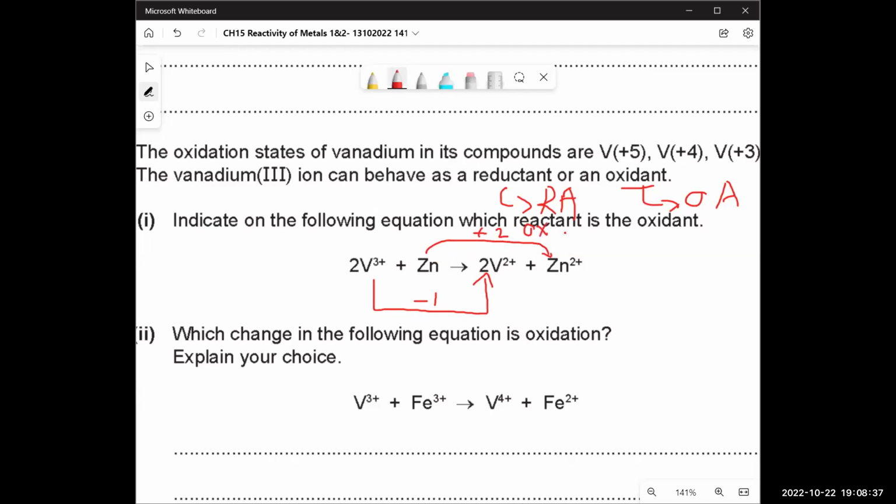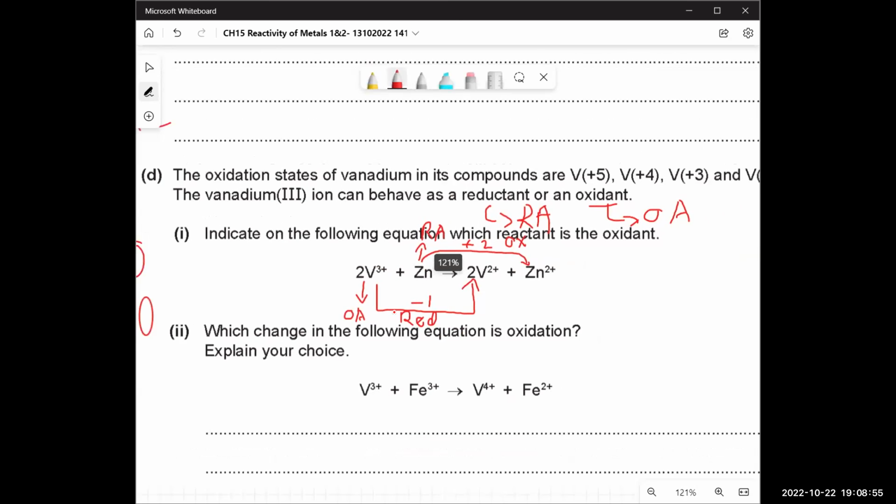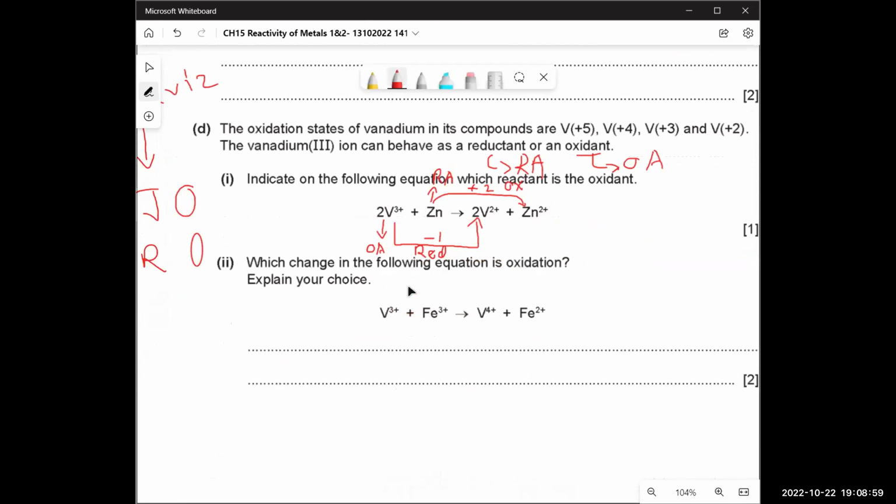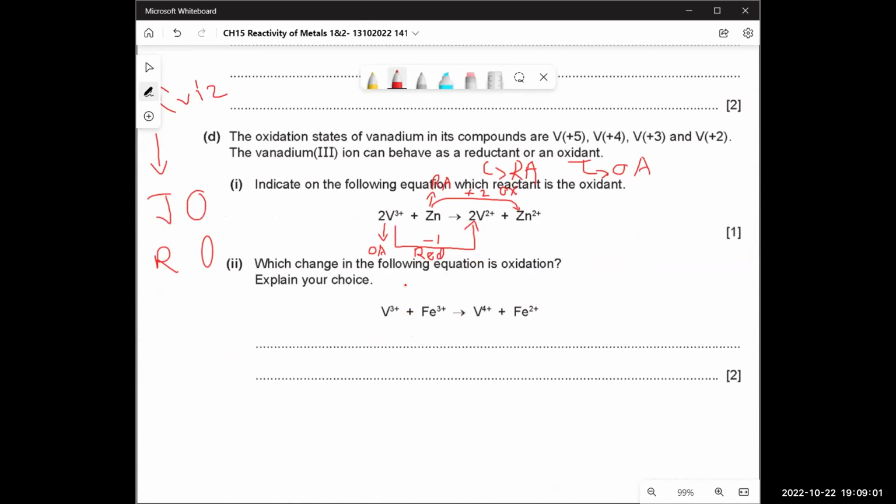So therefore, zinc must be a reducing agent, because zinc is being oxidized. Now, this is reduction, so this one must be the oxidizing agent. Any questions? Not for me. Jawan, any questions?